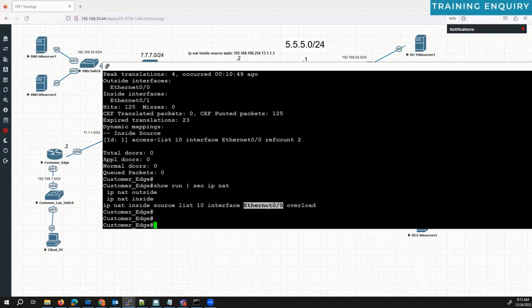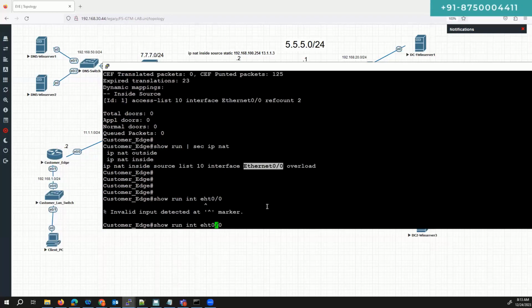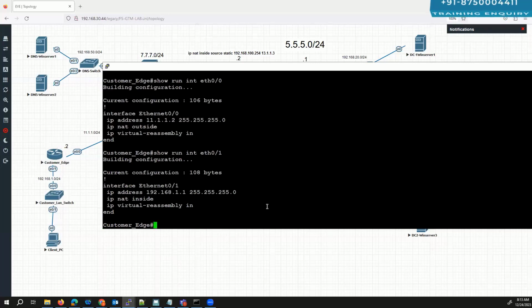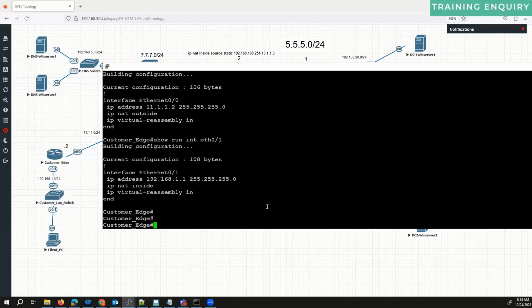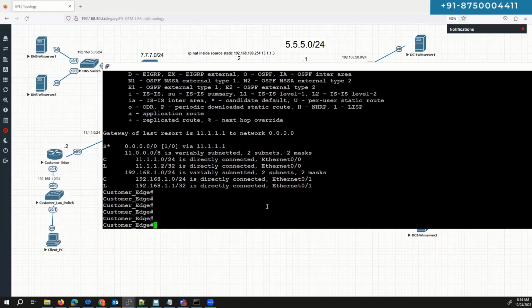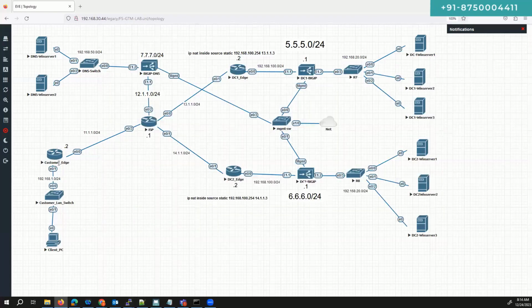Ethernet 0/0 is configured with the outside keyword, whereas 0/1 is configured with the inside keyword. Other than that, there is no more configuration. So the static default route, interface IPs, and NAT or PAT were configured on this customer edge router.